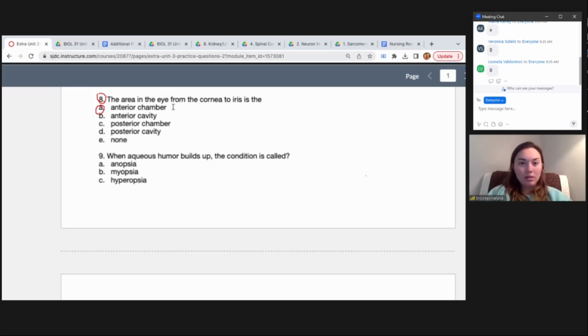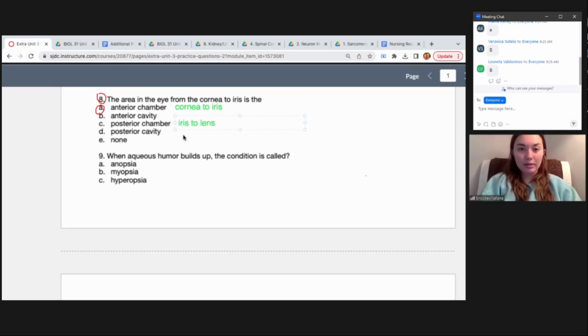Okay, so the anterior chamber goes from the cornea to the iris. The posterior chamber goes from the iris to the lens, and the anterior cavity goes from the cornea to the lens. And the posterior cavity would basically be from the lens back. So if you're thinking about the eye, that would all be posterior that I just drew. I'm kind of drawing this big so we can all see it. So this is my lens right here, right?